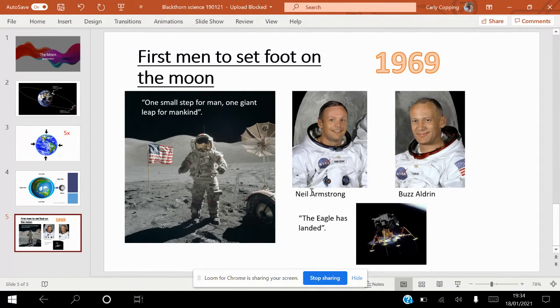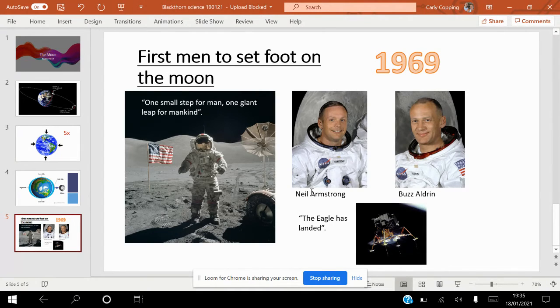So he was realizing the significance of that moment when he stepped on the moon and the importance that it would have going forward for space travel. What an exciting thing for them to be part of.